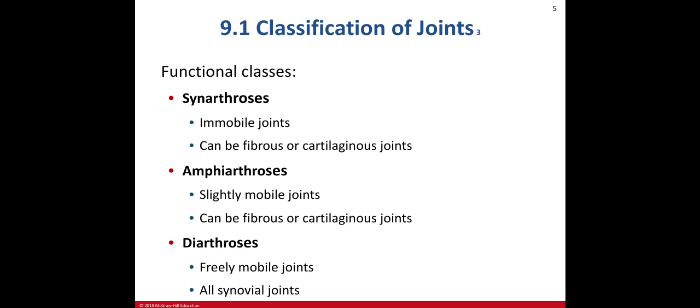If we're looking at their function, then we can have what we call a synarthrosis, which is an immobile joint that is usually a fibrous or cartilaginous joint. We can have an amphiarthrosis, which is a slightly movable joint, also usually fibrous or cartilaginous. Or we can have a diarthrosis, which is a freely movable joint. All synovial joints fall under this diarthrosis category.